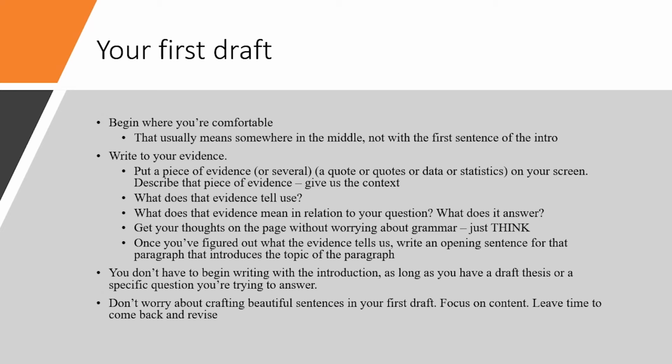What does that evidence tell us? What does that evidence mean in relation to your question? What does it answer? Generally speaking, you describe your evidence and you include it in the first part of the paragraph, and you then tell us what that evidence means.